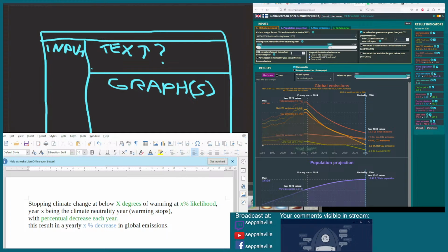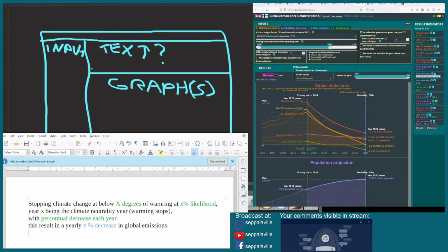But for example, this mean emissions here is global emissions divided by the population at a given year, for example the carbon neutrality year. So what's the population projection then?